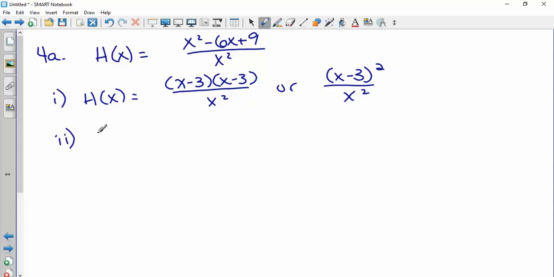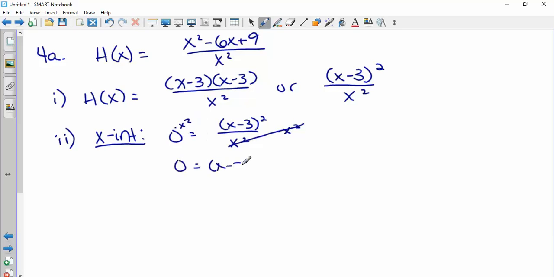X and y intercepts. So the x-intercept, that's when y equals 0. So this whole thing is equal to 0. You would multiply over the bottom. So it's really just when the top is 0. So what do we get? 3.